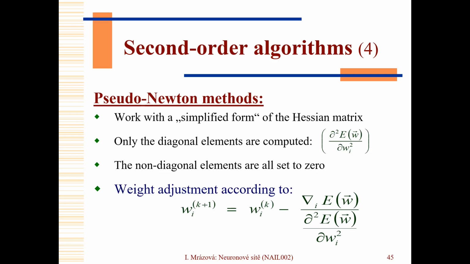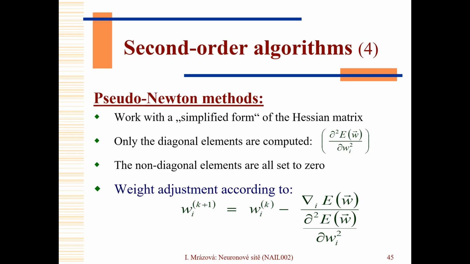In our case, the simplified form can include just the computation of the diagonal elements of the Hessian matrix. So we would just compute the second order derivatives of the error function capital E at the point W for each respective weight Wi. So the Hessian matrix would just contain the elements delta square of capital E at the point W with respect to delta Wi to the square. The remaining elements would be set to 0.